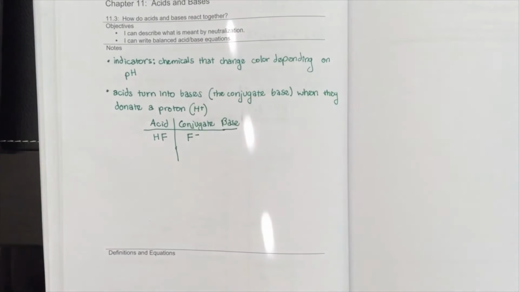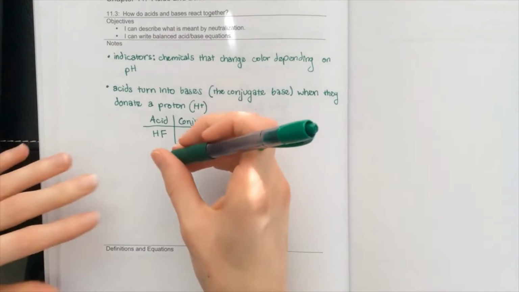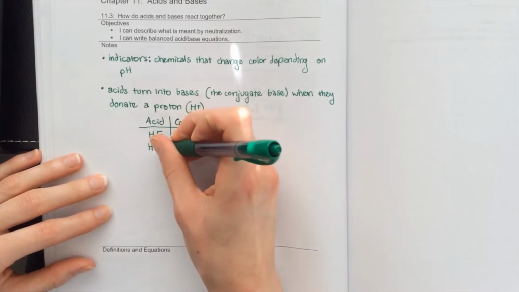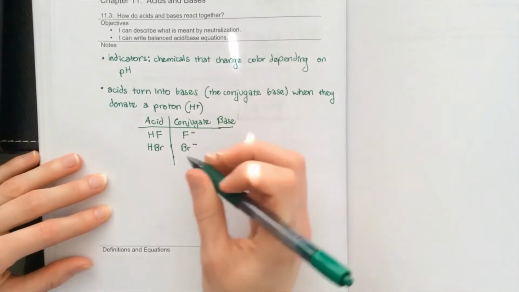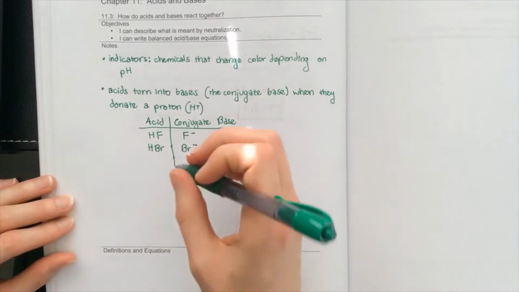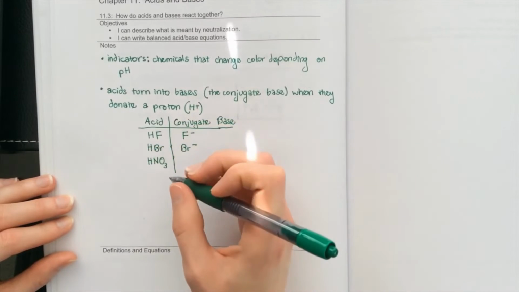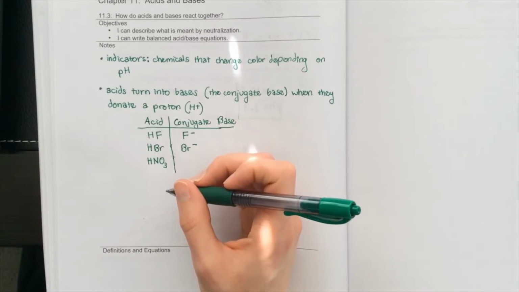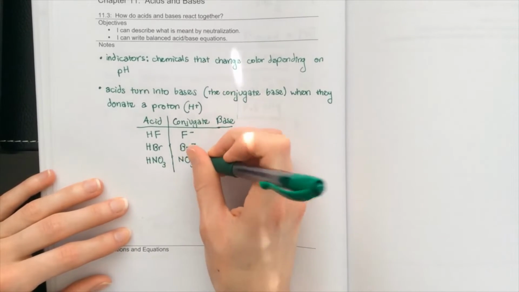F minus is a base, and it's negative because it lost an H plus. Similar acid, HBr, loses an H plus, turns into Br minus. So there's the acid, there's its conjugate base. Nitric acid, HNO3, when it loses an H, turns into NO3 minus.